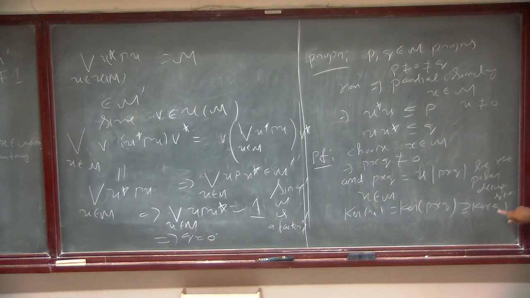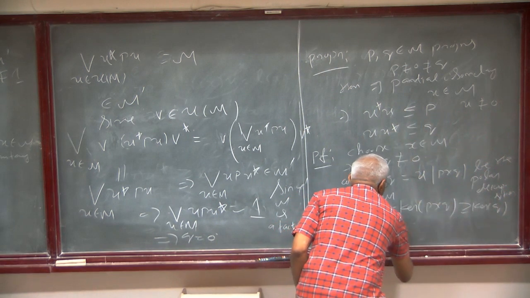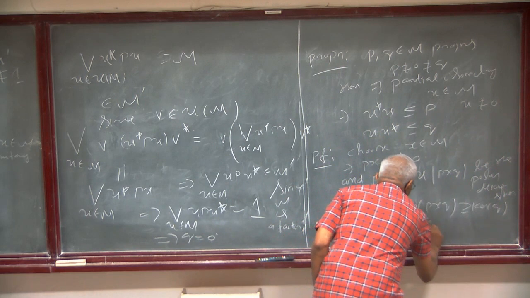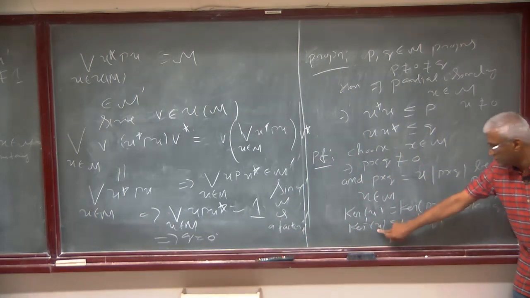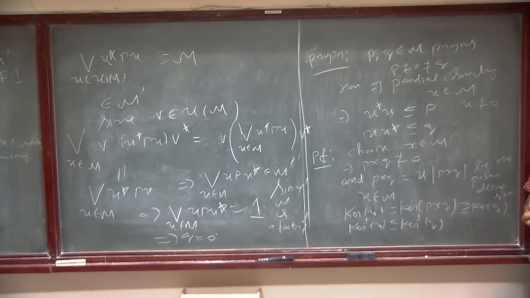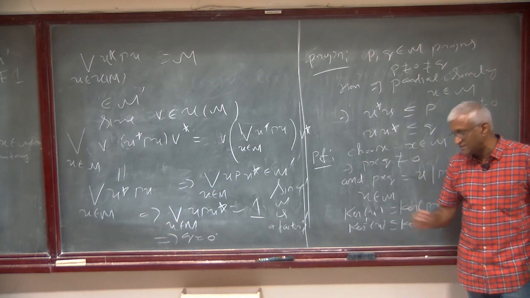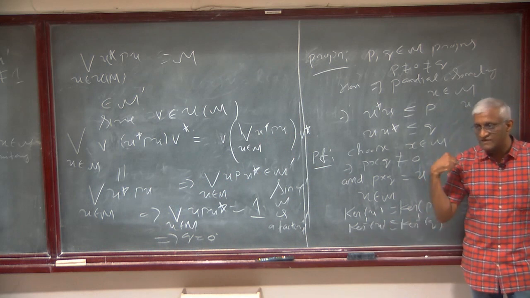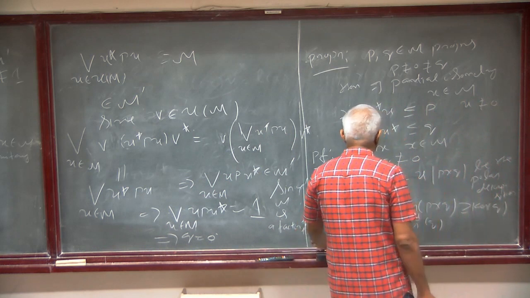If Q of something is 0, then this is 0. So kernel perp of this implies kernel perp of U is contained in kernel perp of Q. This is the initial space of U, of course. Kernel perp of U is the initial space of U if you have a partial isometry. The initial space is kernel perp, and the final space is the range of U. So this is U star U, and that is U U star.